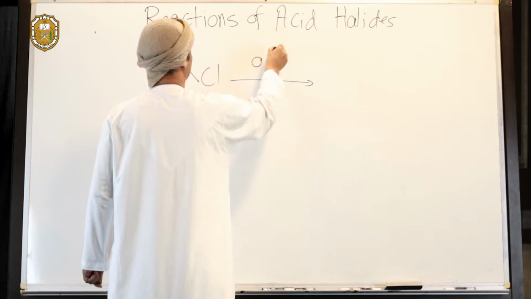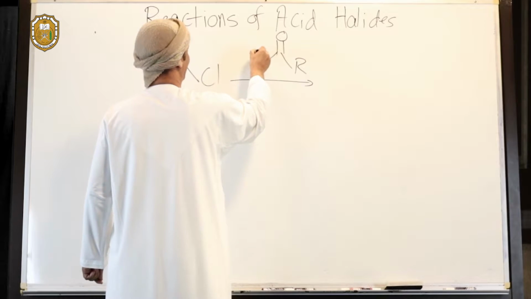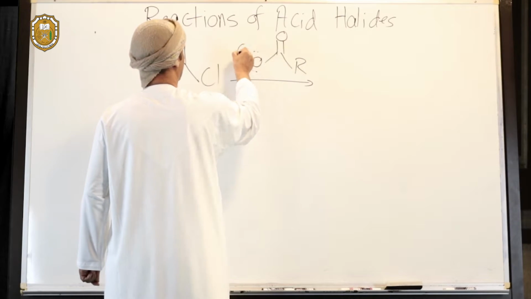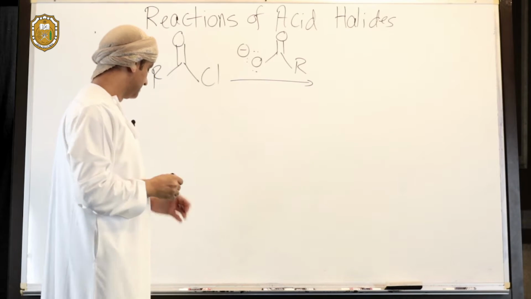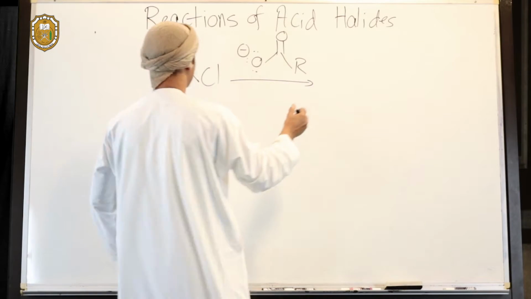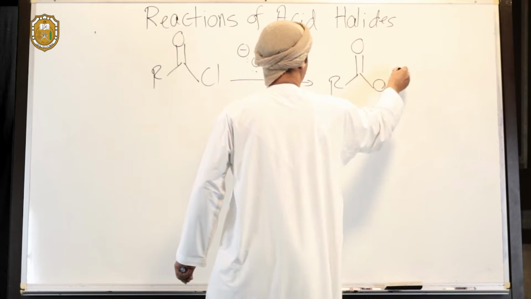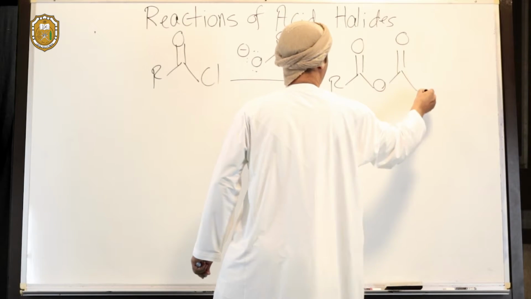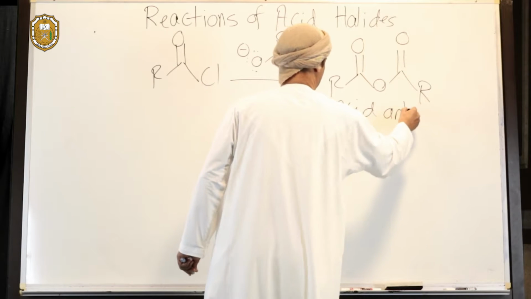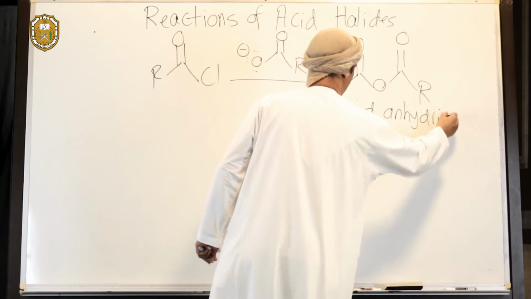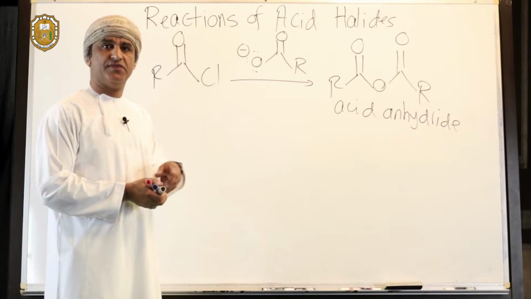And this is the nucleophile that's required in this case, which is the carboxylate, if an acid anhydride is desired. So this is the general structure of an acid anhydride. This reaction is likely in the way it's drawn.